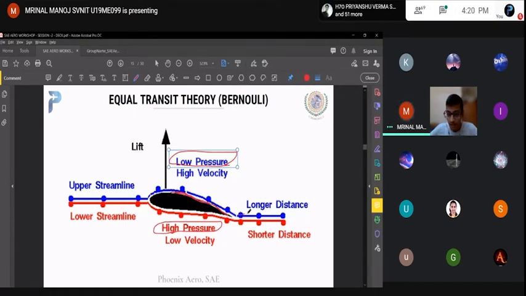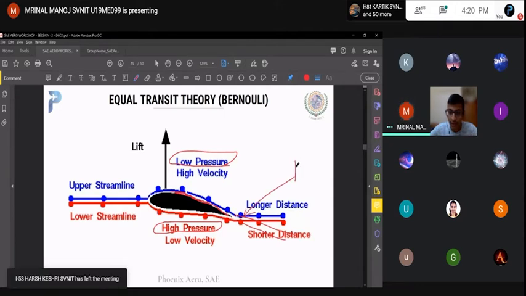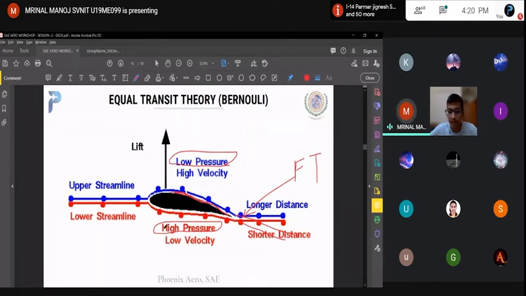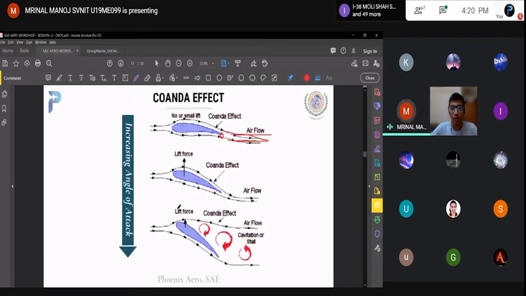Then instead of going in straight paths, they fall down like this, and hence there is flow turning here and here. When the airfoil is kept at a certain angle, there is a small contribution of Newton's third law. Combining all three together, the aircraft takes flight. The scientists are still figuring out a better explanation, and the research is still going on.